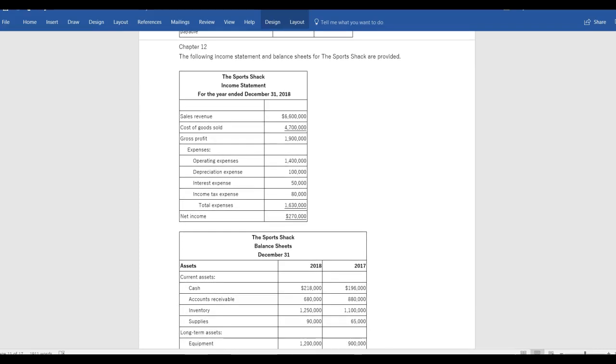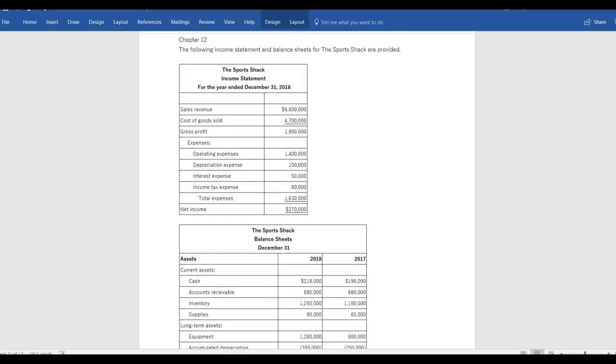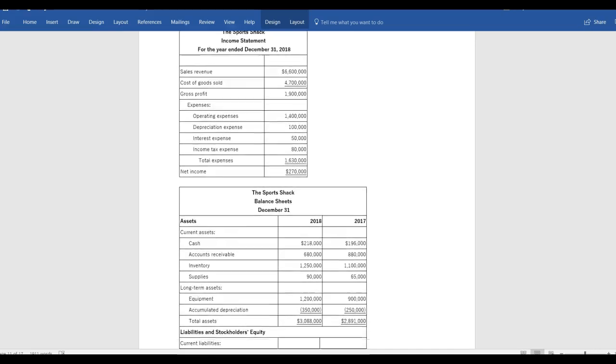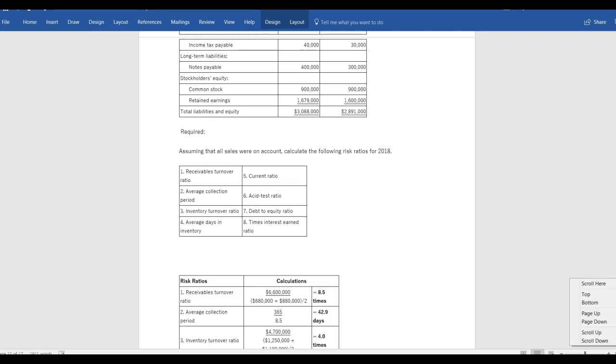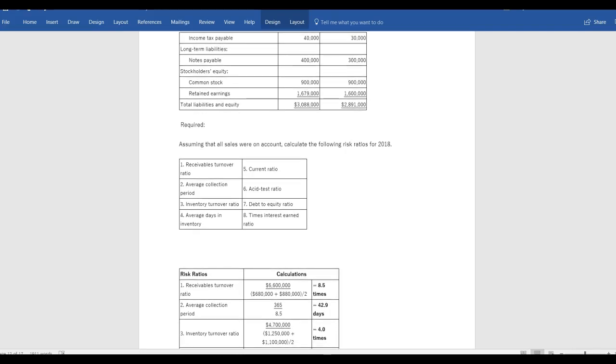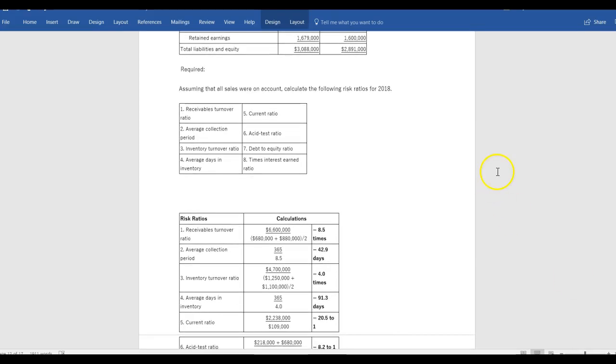Chapter 12 really only will deal with ratios. You're going to receive information regarding a company, a balance sheet, and an income statement. One question may be, what is the receivables turnover ratio for this company? You would just have to know how to calculate the receivables turnover and answer the multiple choice based on that.